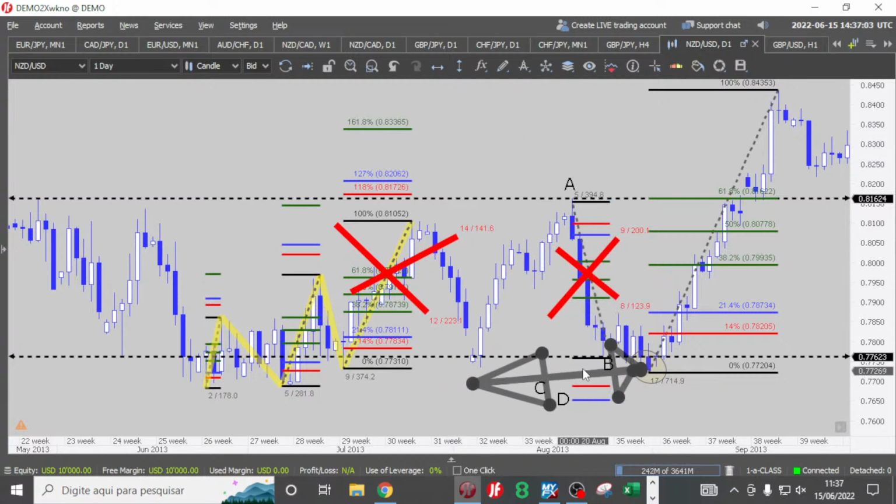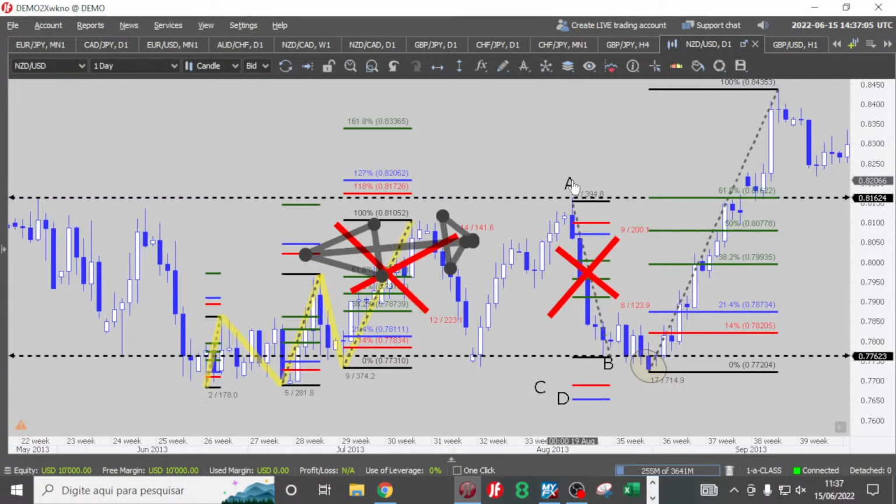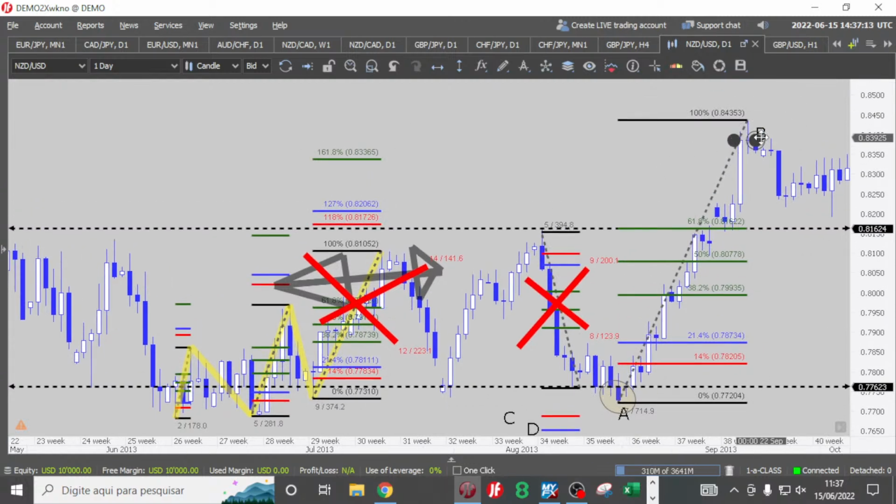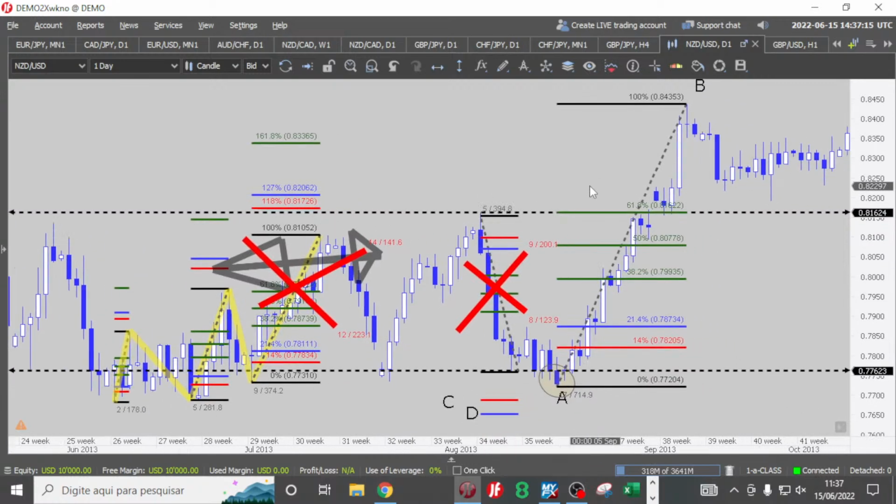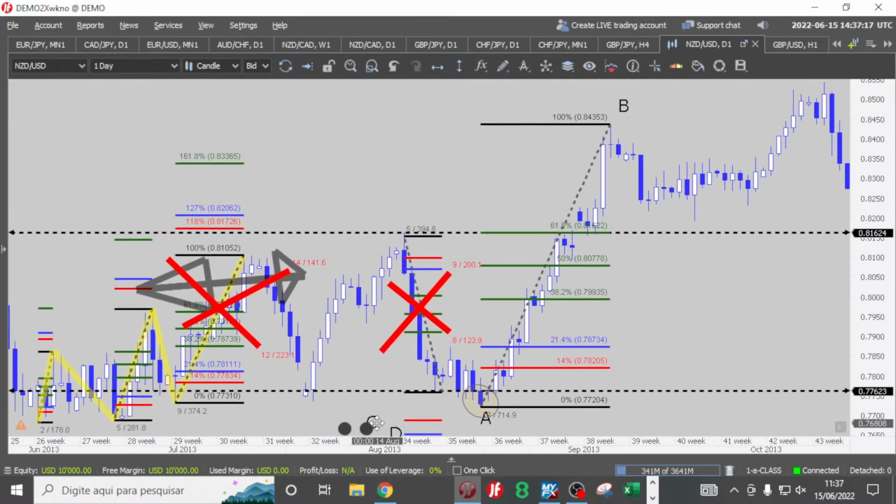So I'm going to spread this one, this is our next up Fibonacci this time. A, and I'm looking for the first high, and the first high is up in here, right?